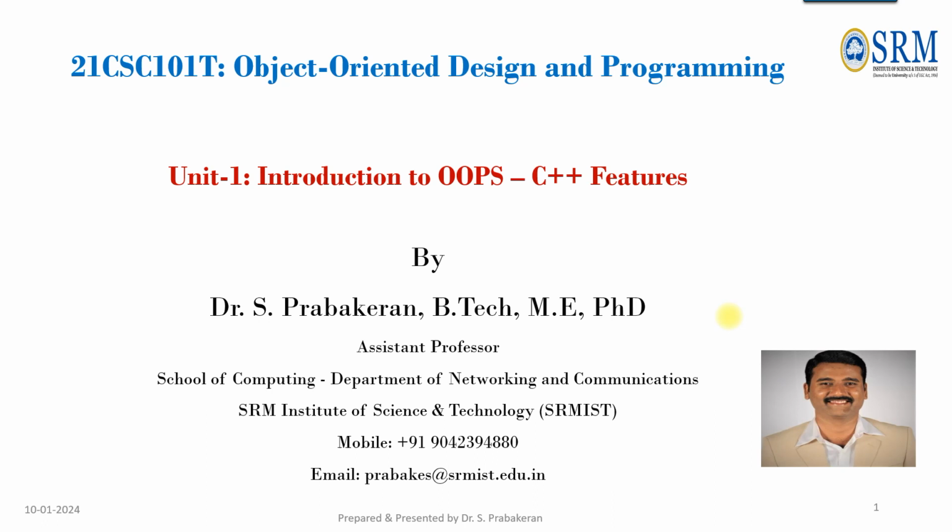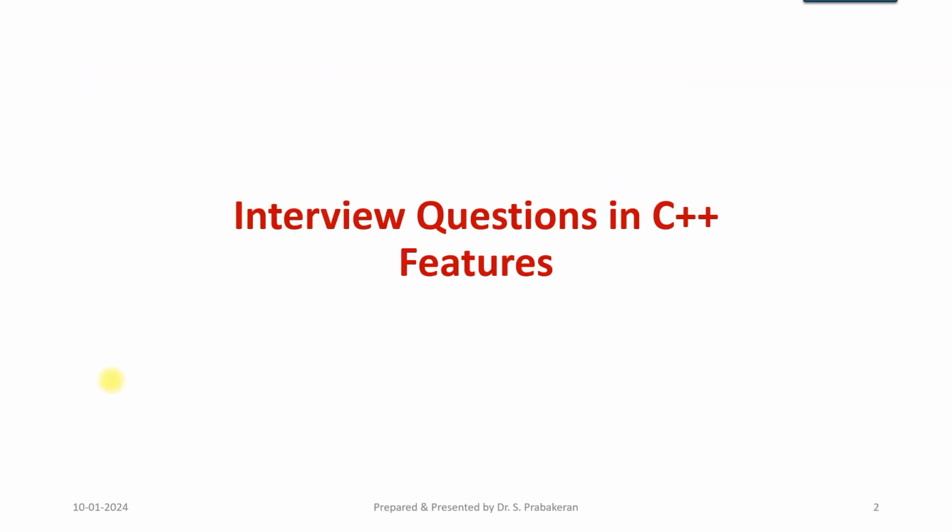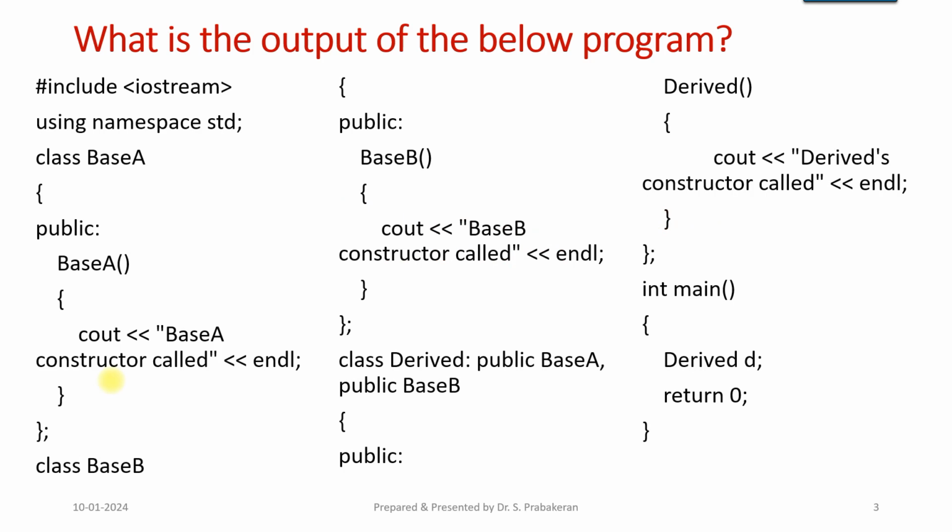For that we have a simple program which showcases the constructor call in the derived class. Now we move into the question straightforward. So the first question is: what is the output for the below program? First, I'm giving an overview of the program.